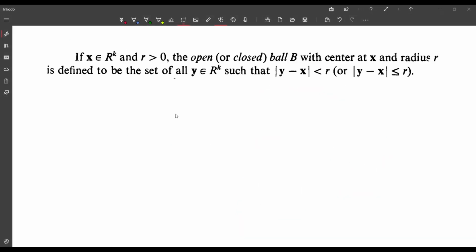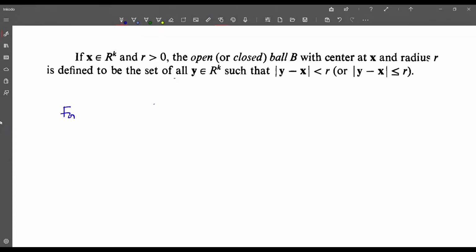Now, if x belongs to Rk and r is greater than 0, the open ball B with center x and radius r is defined to be the set of all y in Rk such that |y - x| < r. And for a closed ball, it is |y - x| ≤ r.